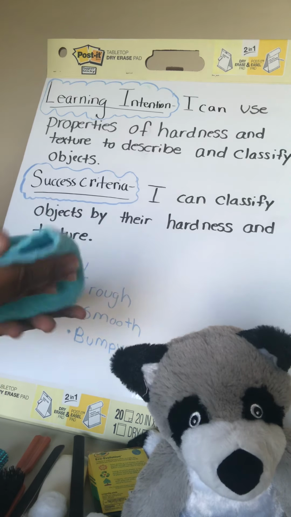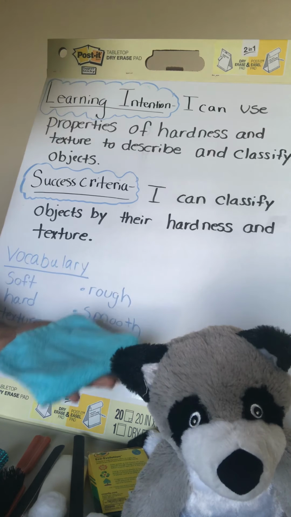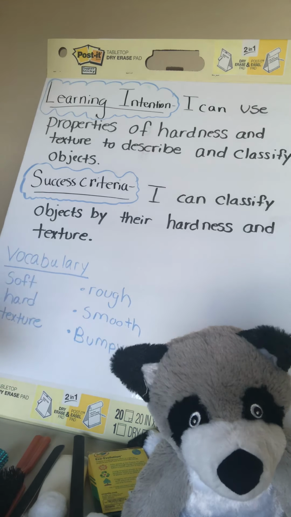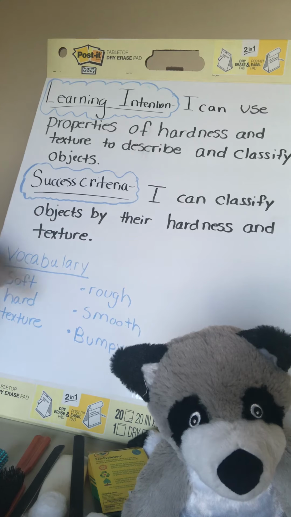Correct. This towel is soft and it can be smooth. Yes. Okay. This wraps up your lesson for success criteria: I can classify objects by their hardness and texture. Now, we're getting ready to start our science lesson.